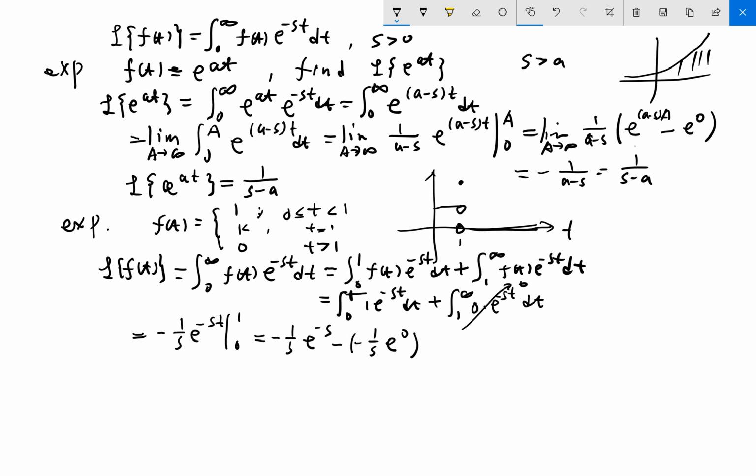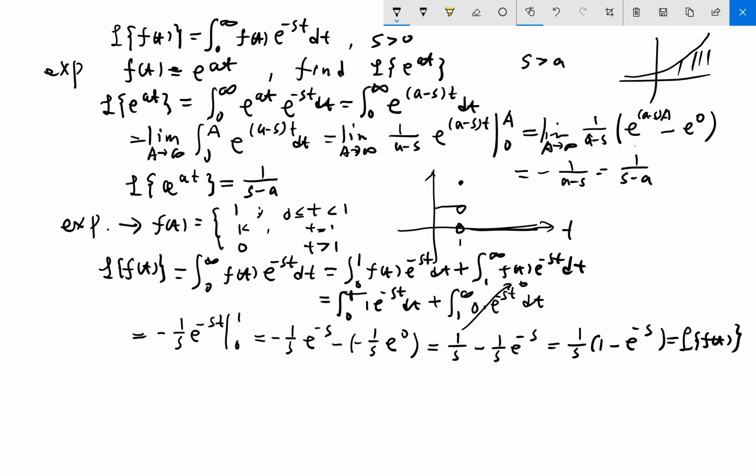So you get 1 over s minus 1 over s e to the negative s. You can simplify that to (1 minus e to the negative s) over s. That is the Laplace transform of f(t), where f(t) is this one.